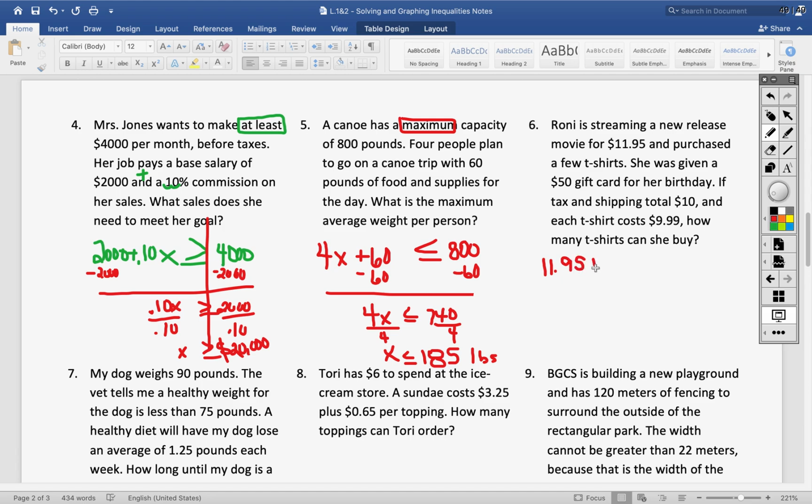And we're going to add on to this some t-shirts, and the t-shirts are $9.99. And then there's shipping and tax, which is $10. And this has to be less than or equal to the $50 gift card.